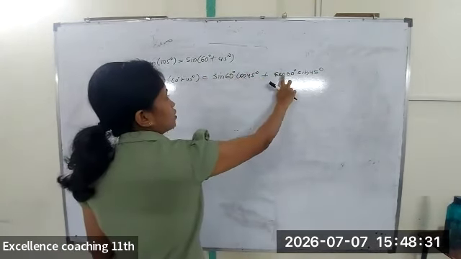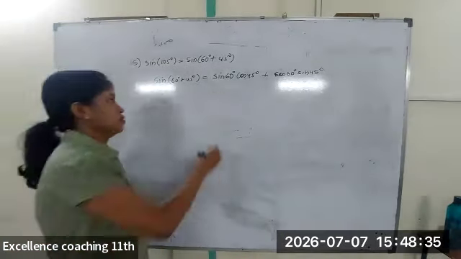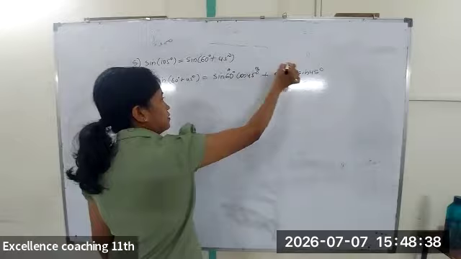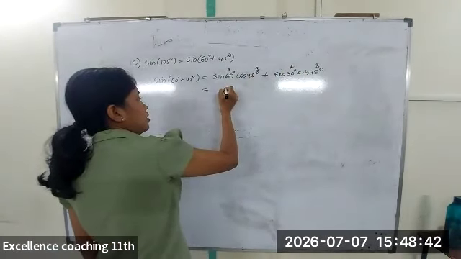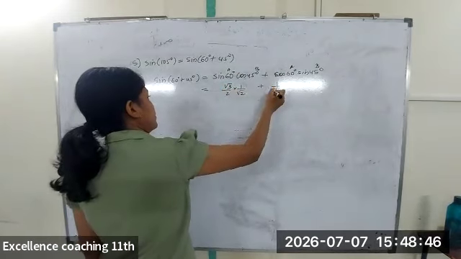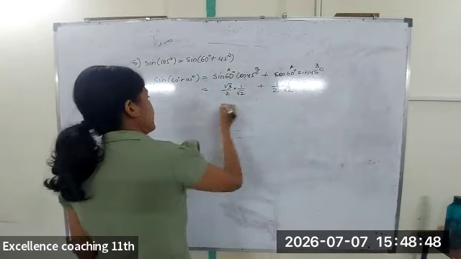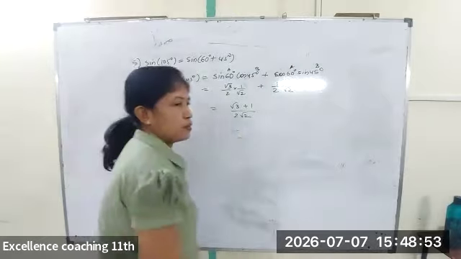You cannot write cos 45 again, then both will become the same. This will be wrong. This is A, this is B. That will be the answer.